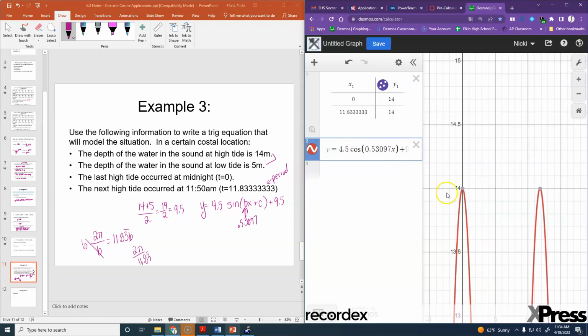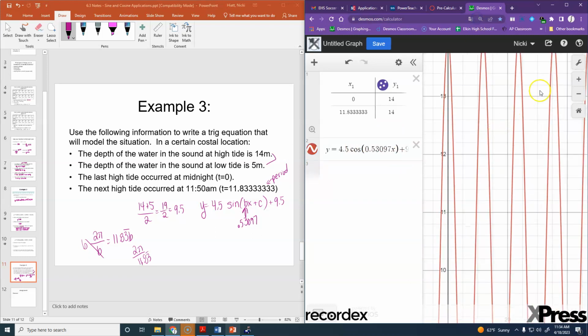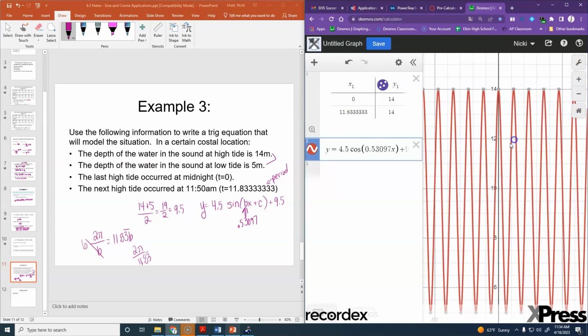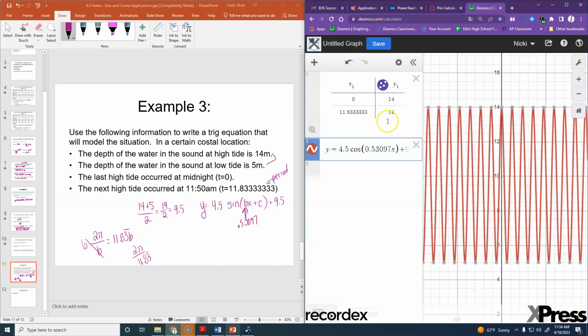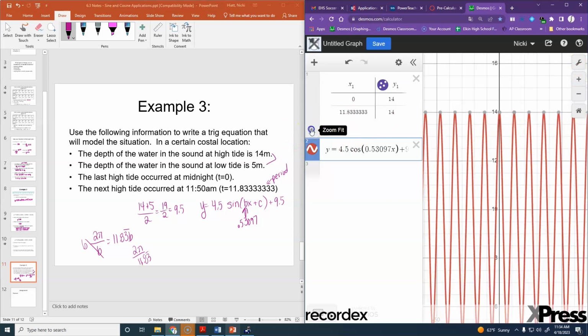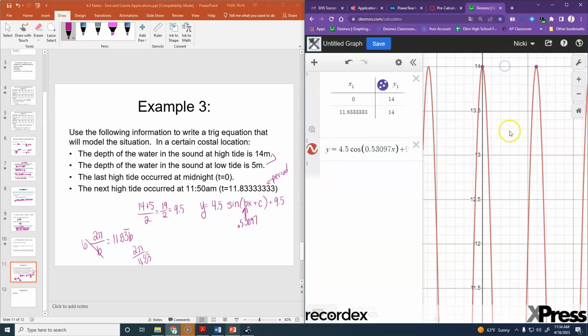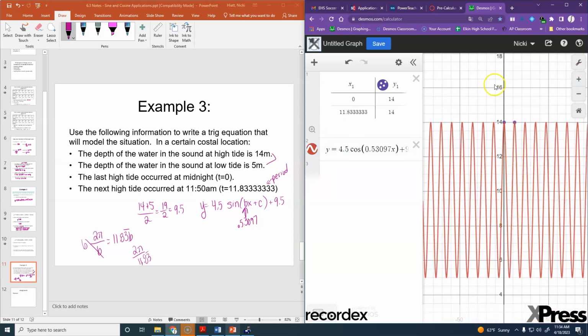And there is one that actually matches what we're looking for. My window's terrible because I hit that button right there. That really wasn't a good thing to do. But that does fit our data points, and you can see our low point is at 5 there. So cosine was better. Some of these you're still going to have to figure out by hand, but you can use a calculator to do so.